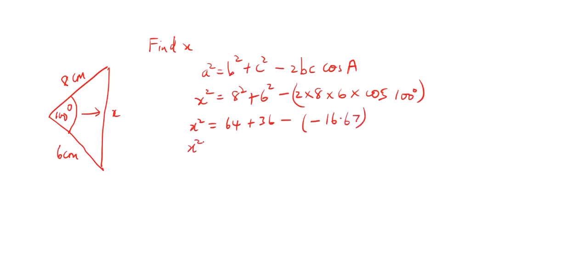So therefore x squared is equal to 64 plus 36 plus 16.67, and that will give me 116.67, and therefore x is equal to square root of 116.67, and therefore x is equal to 10.8 cm.